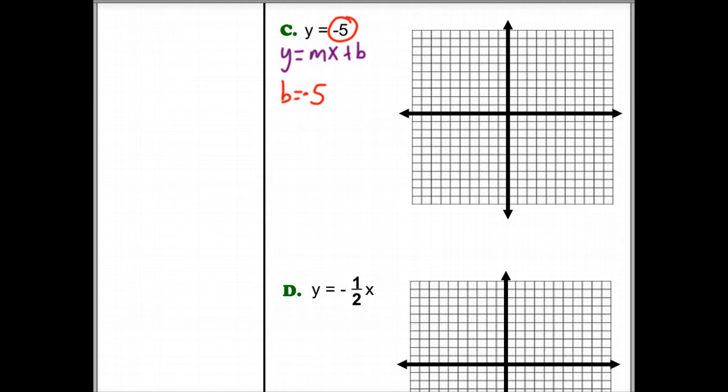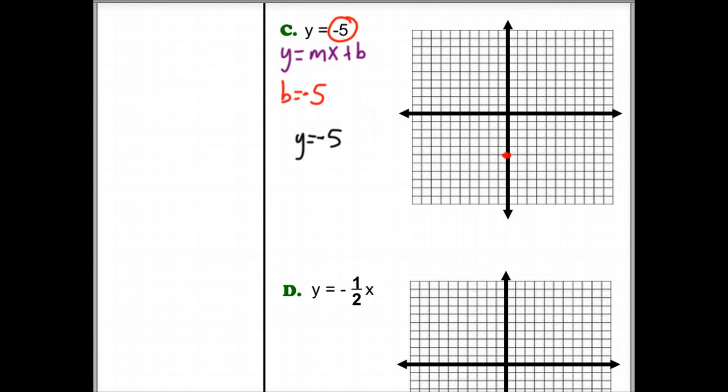So I'm going to graph that right away. 1, 2, 3, 4, 5, right here. And so now what we would do is plug in 0 for y and solve for x. So we have y equals -5.